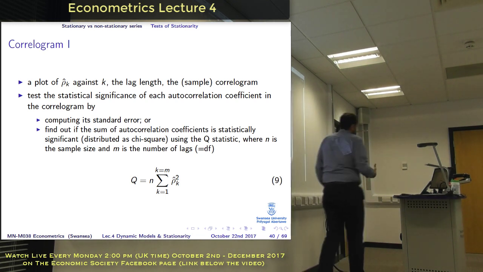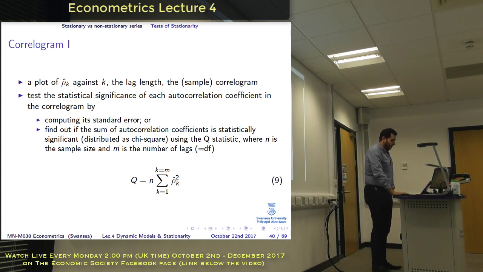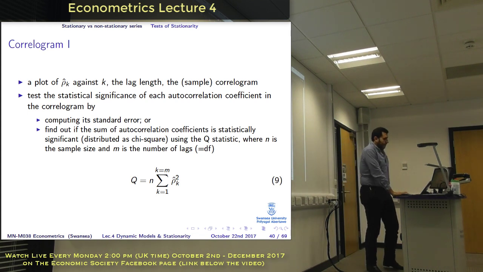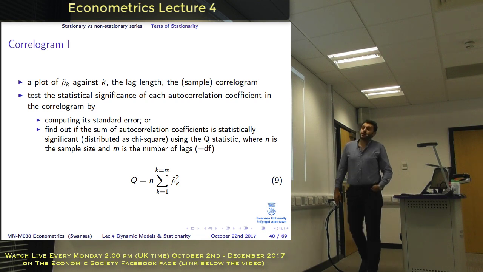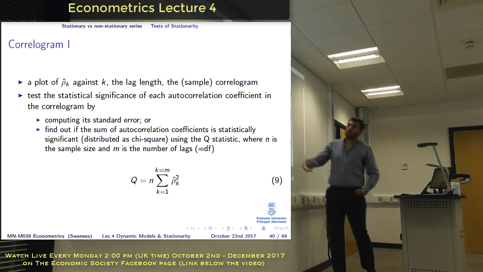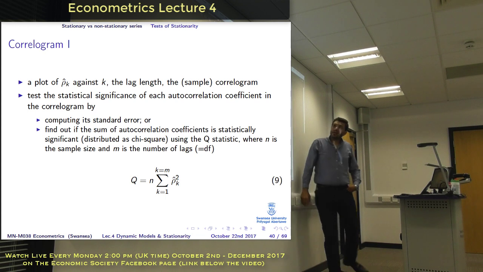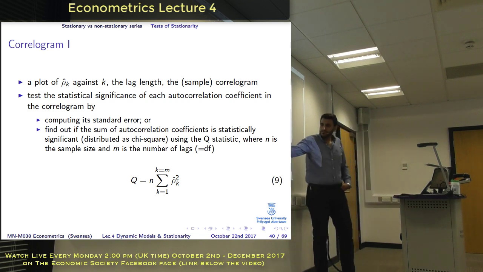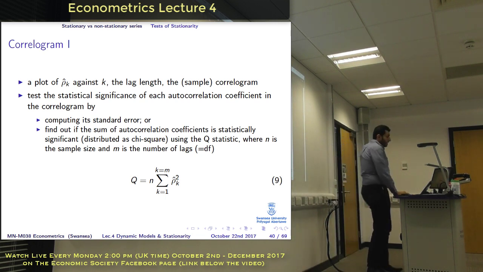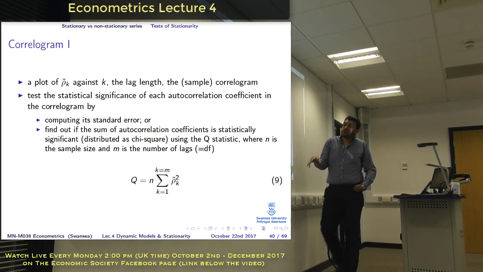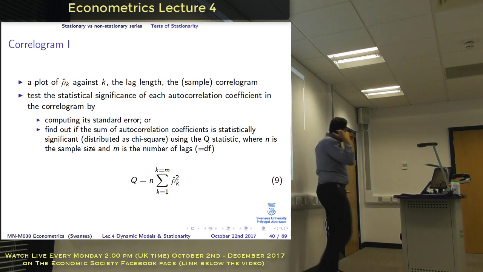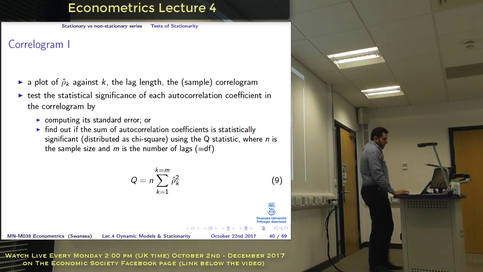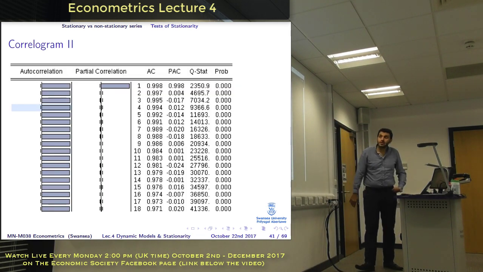You can compute its standard error, or test whether it is statistically significant using the Q statistic. This is how you calculate it. You don't need to worry about this much, because it's very easy to produce these days using software like eViews.